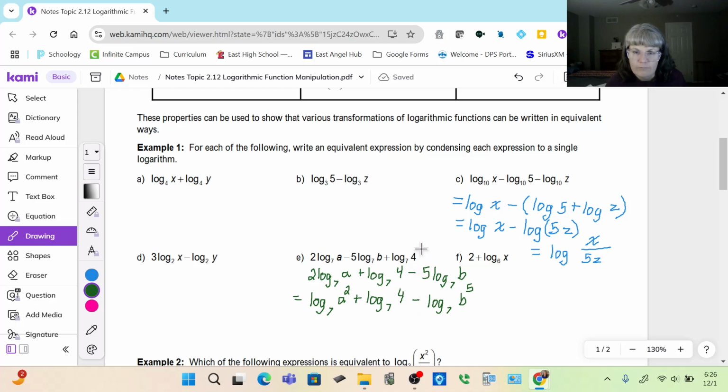Since it's already in the front, we move it to the power. And then I can write this as one logarithm, log base 7. I would take the a squared and multiply it with the 4. We always write the constant in front of the variable term, so 4a squared. And then that subtraction gives us our denominator of b to the 5th.